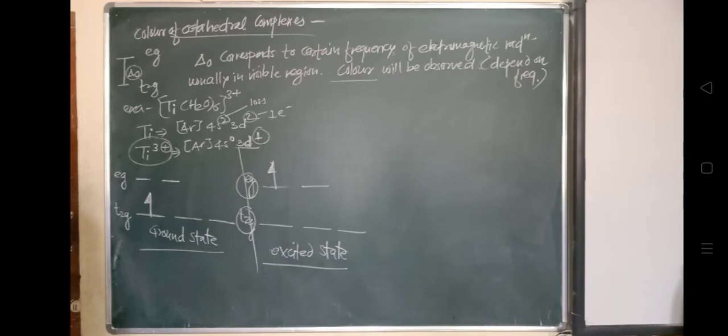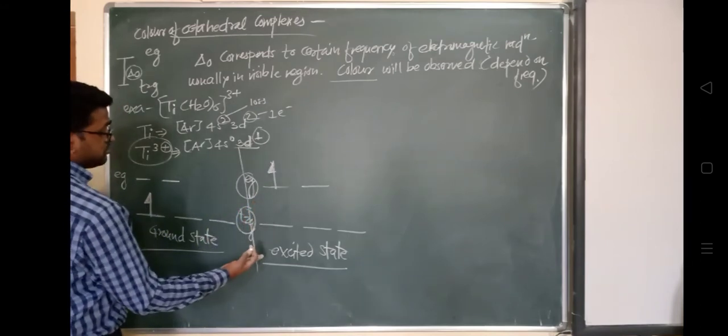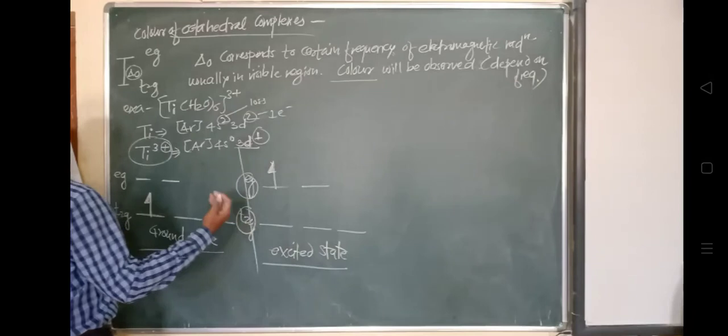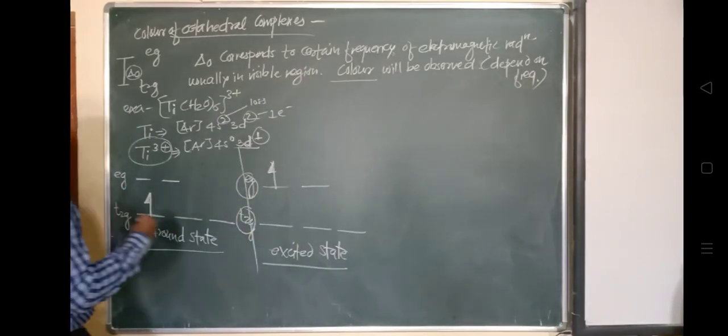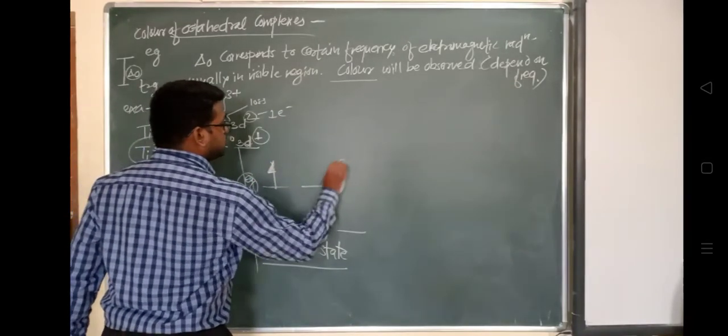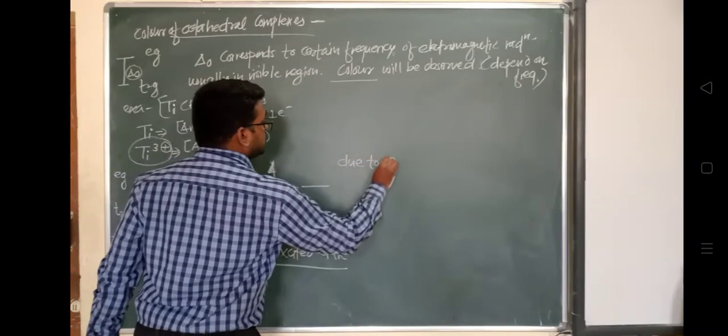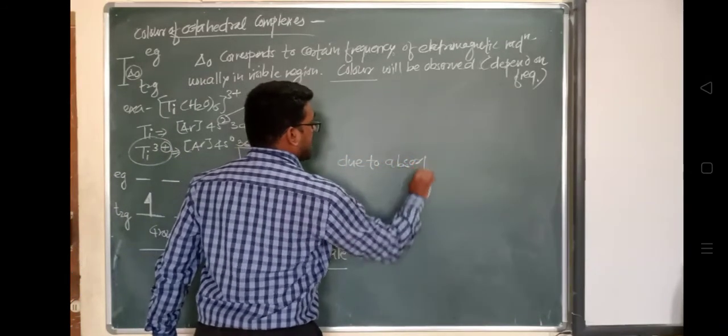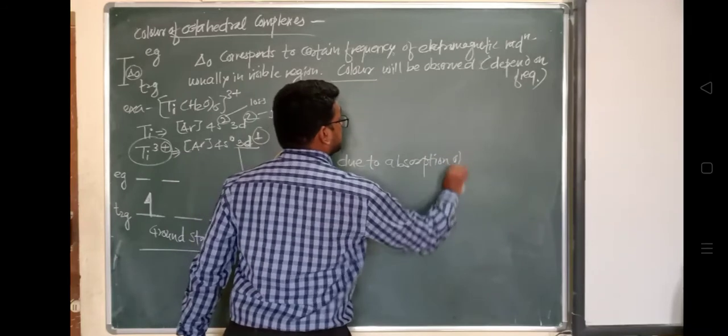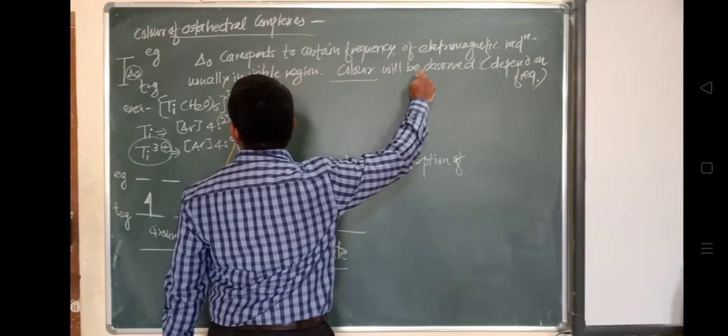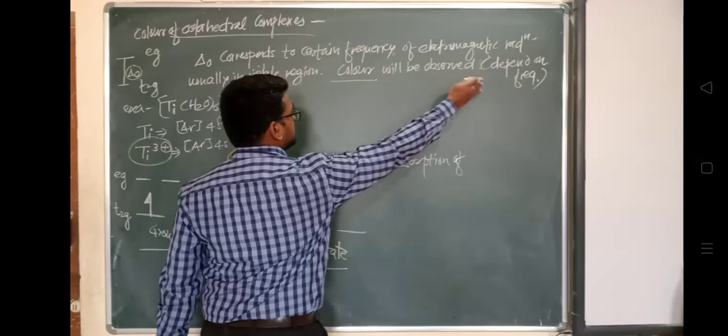So what will happen? The absorption of a wavelength of light corresponding to the delta naught parameter promotes an electron from the T2G level. Now see how this electron is moving upward, due to absorption of light. Whenever absorption of light takes place, depending on the frequency, it will show some color.